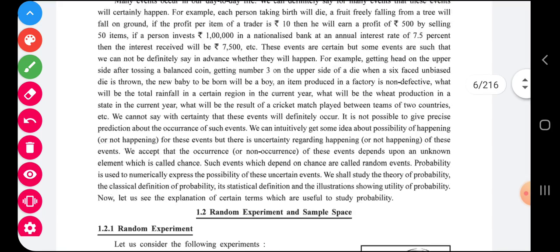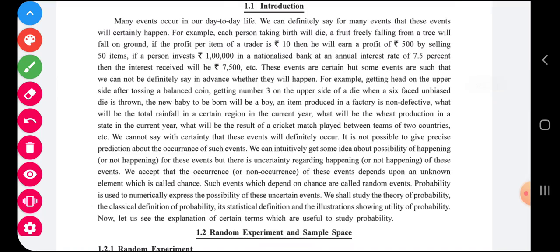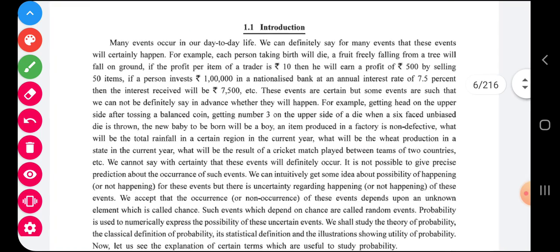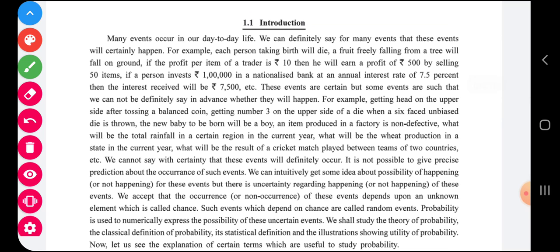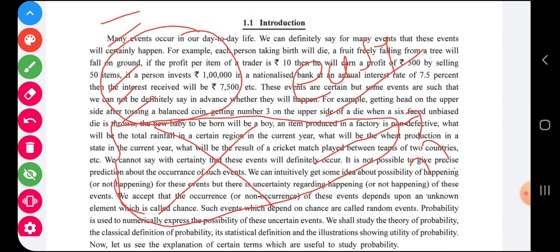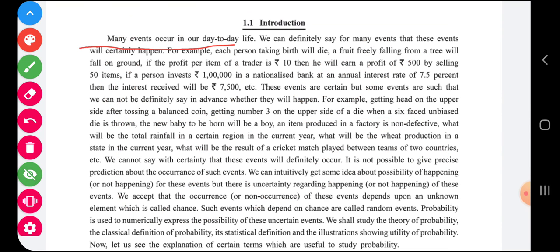Okay. So, what is probability? A basic concept: many a time, in our day-to-day life, many events occur, and we can definitely say for many events that they will certainly happen. For example, each person taking birth will die. Fruit freely falling from a tree will fall on the ground.